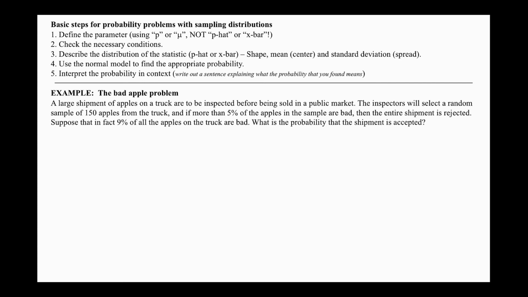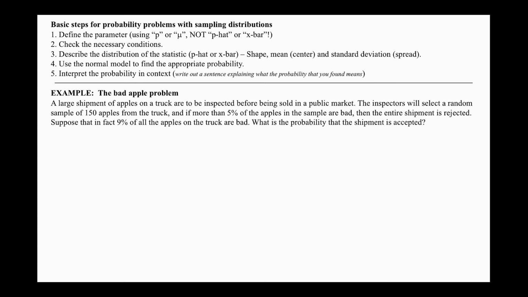Number 3, describe the distribution. We don't have to do that unless they ask. Number 1, you really don't have to do either, but we'll do it because this is your notes. Shape is exactly what we just did, but it's a different problem.